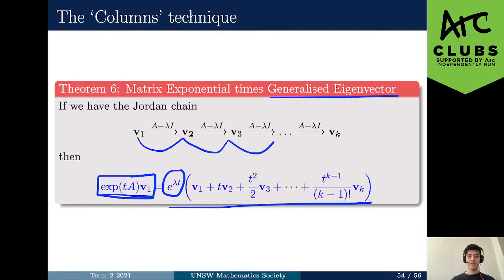This formula still looks a bit confusing, but generally the eigenvectors you look at might only be, like, if V1 lives in the kernel of A minus lambda I squared, then this cuts off here, and you really just need to compute this, which is not very hard. So if you want to calculate the exponential times a generalized eigenvector, this is probably the process you should go through, as opposed to actually finding the matrix, because that's very annoying.